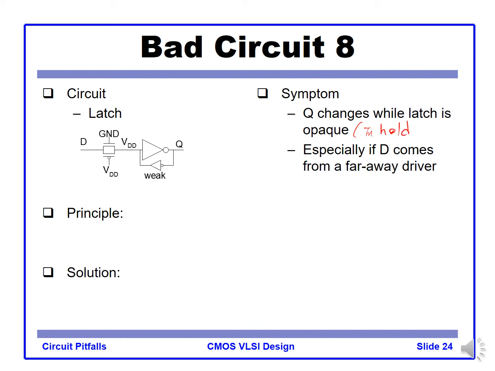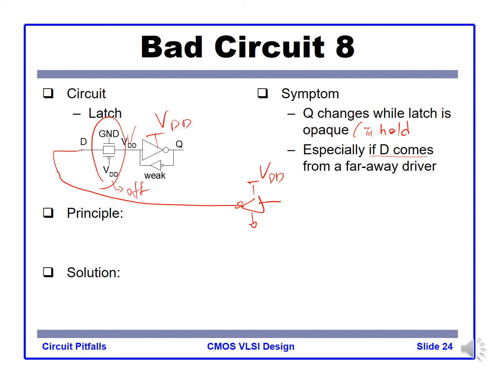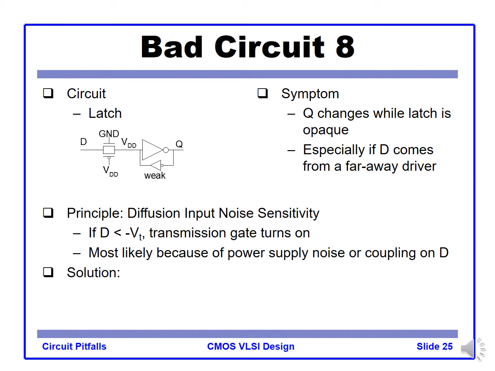In hold mode, the input transmission gate is off, but somehow the value changes, especially when the D is driven from a long way, from a far away driver, so the VDD here and the VDD or ground from the far away driver is different, then it becomes problematic. So we have diffusion at the input.